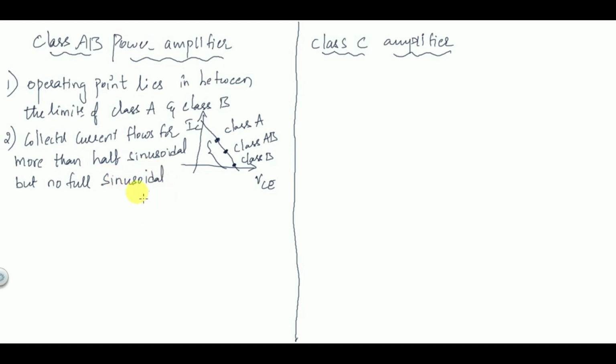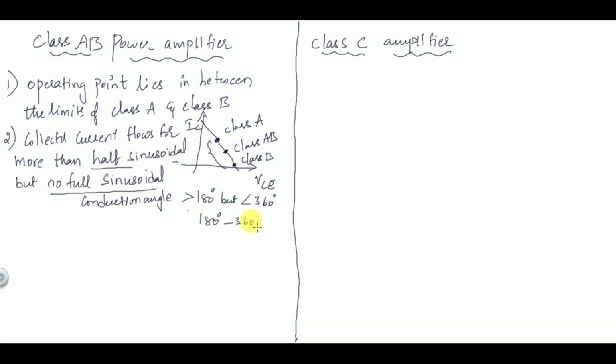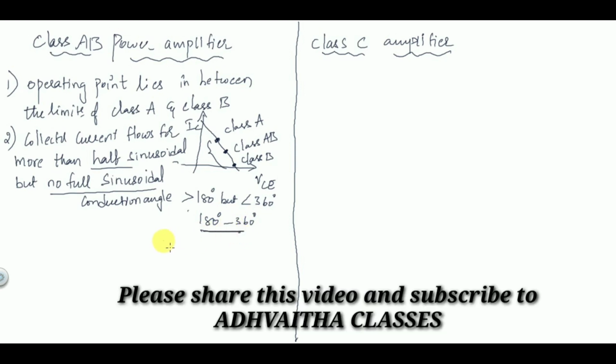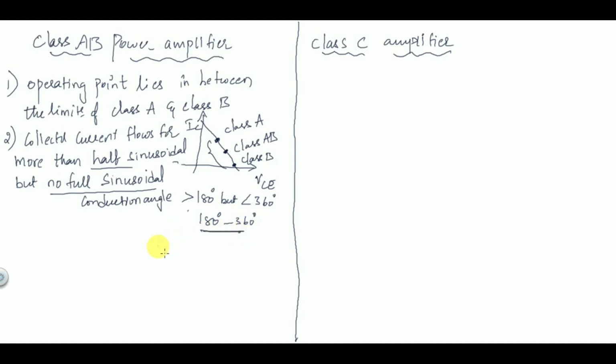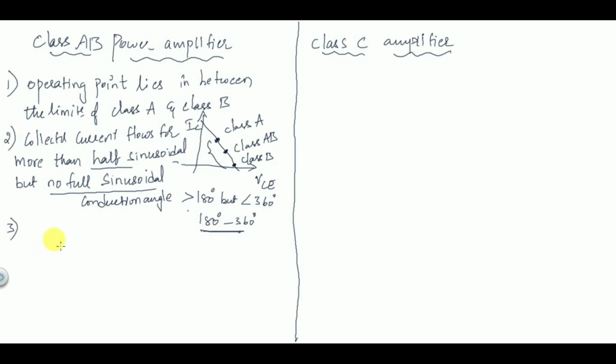That means the conduction angle is greater than 180 degrees but less than 360 degrees. It is not full sinusoidal, so the conduction angle lies between 180 degrees and 360 degrees. That is the second point which you have to remember for class AB power amplifier.